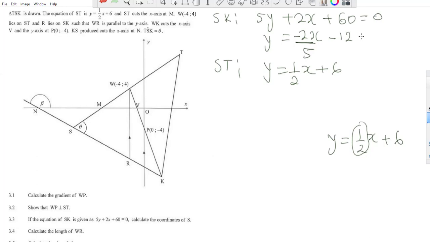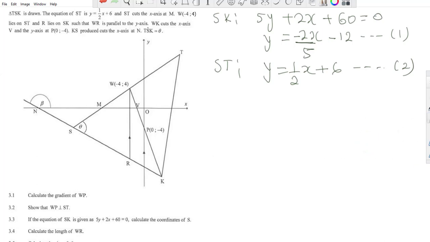So this can be equation 1 and this is equation 2. The intersection where they touch each other gives us what? The point, we call that point S. Okay? So how do you find the point of intersection?